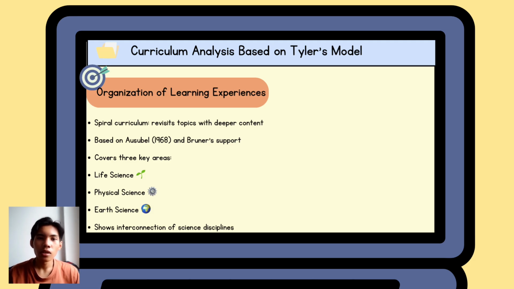This approach, supported by the ideas of Bruner in 1968, helps students reinforce their understanding by connecting new knowledge with what they have previously learned.